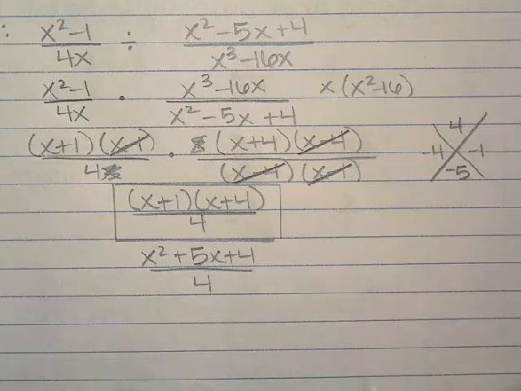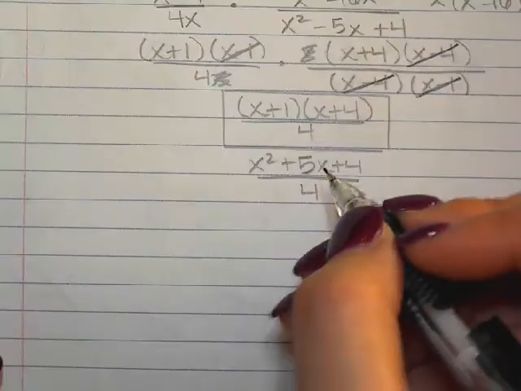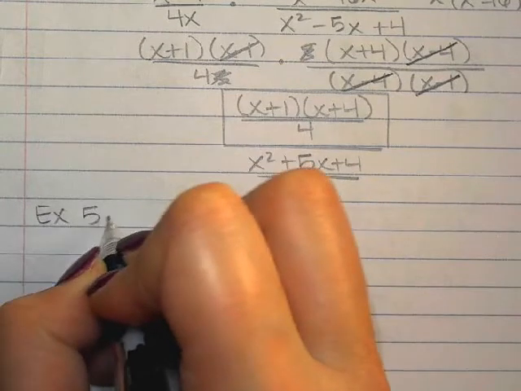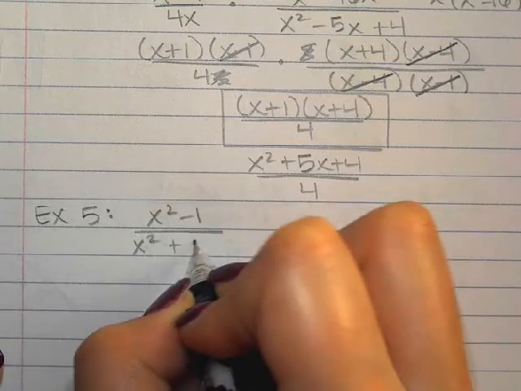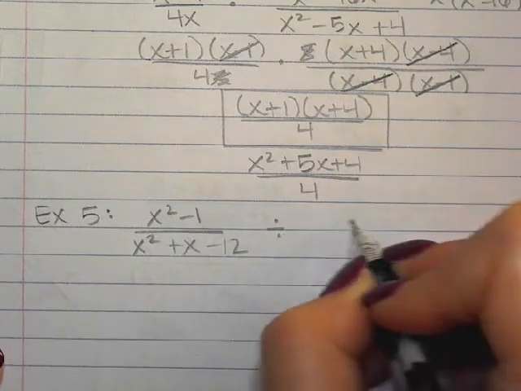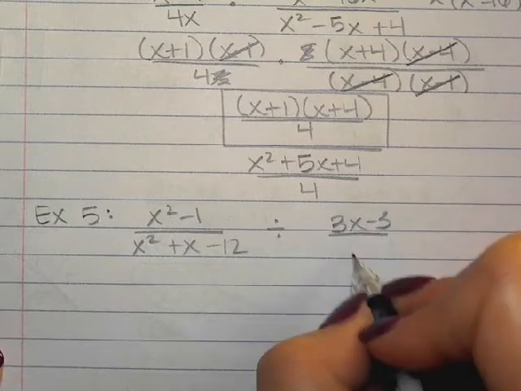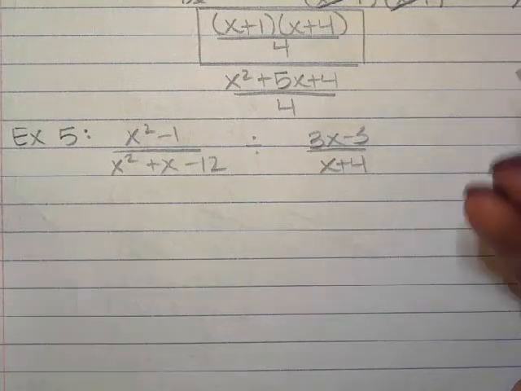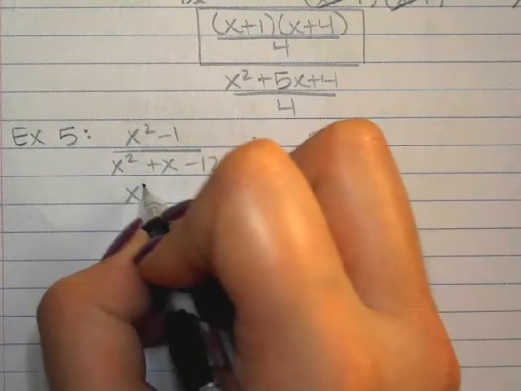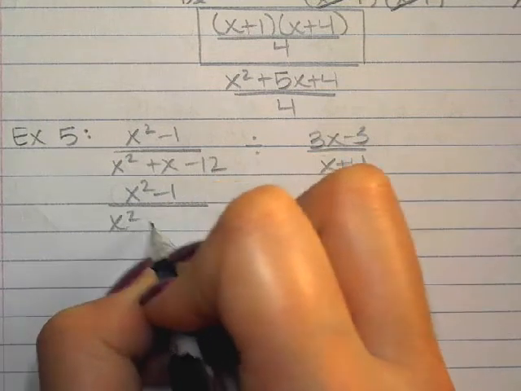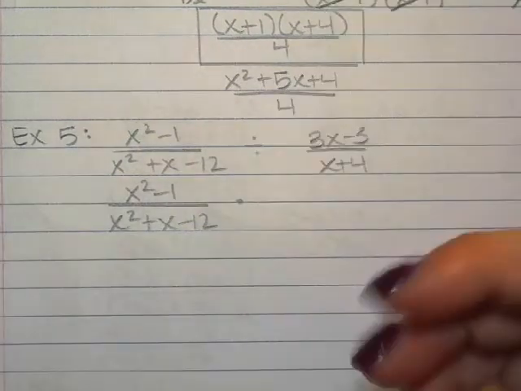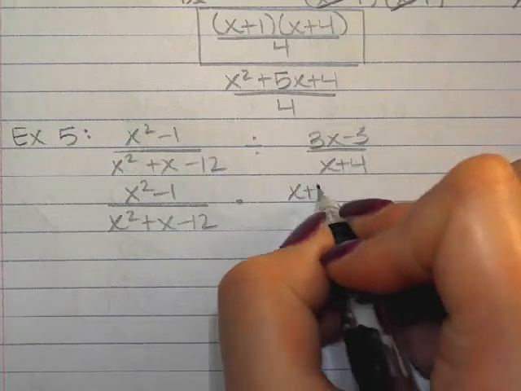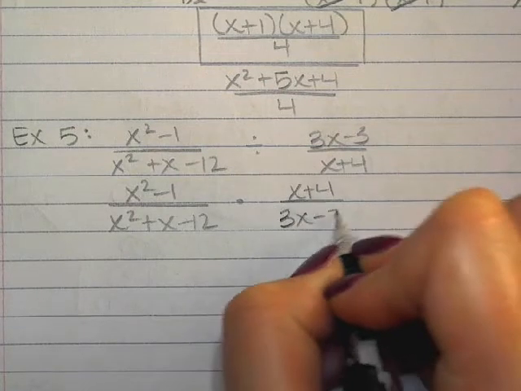All right, and then one last example. Example 5. x squared minus 1 over x squared plus x minus 12 divided by 3x minus 3 over x plus 4. Again, we start off by doing keep it, change it, flip it. So keep it, change it to a multiplication problem, flip the second fraction.